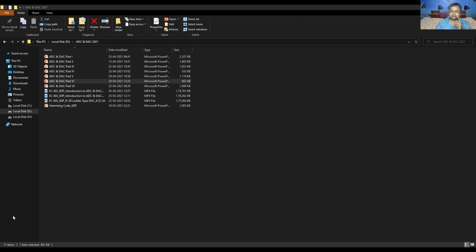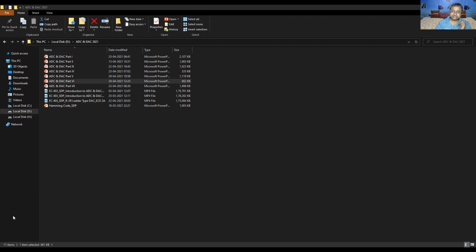First, why is it called dual slope? When the switch is connected with this Vin, then one ramp voltage will be produced through this integrator. This is called the negative ramp.